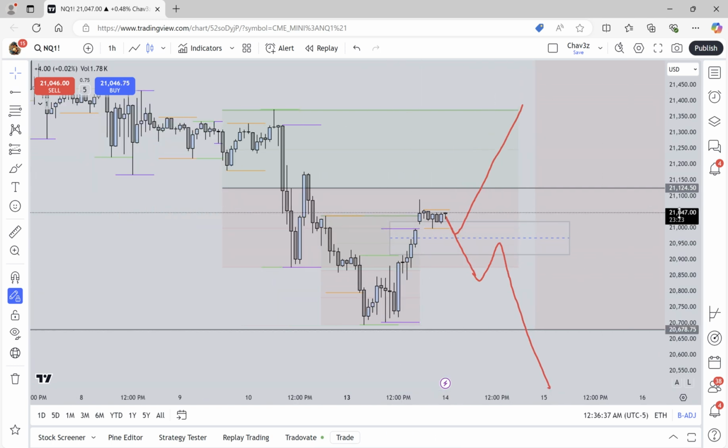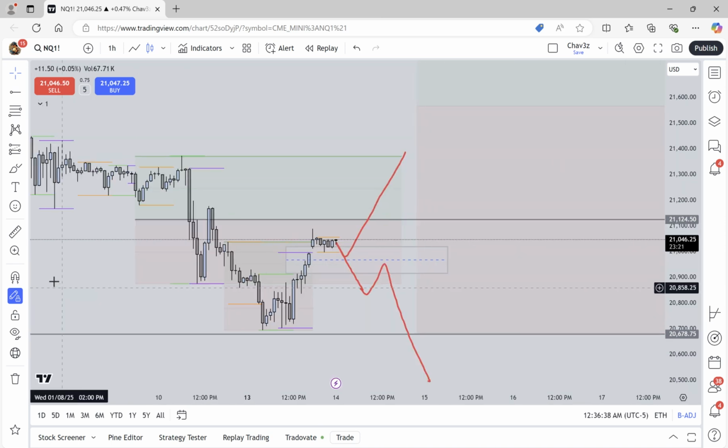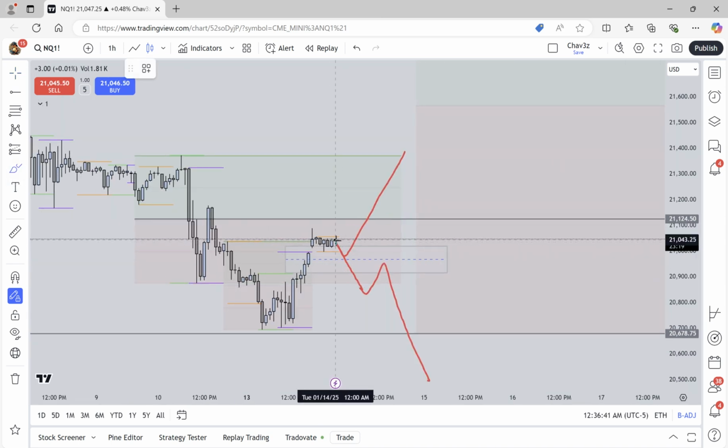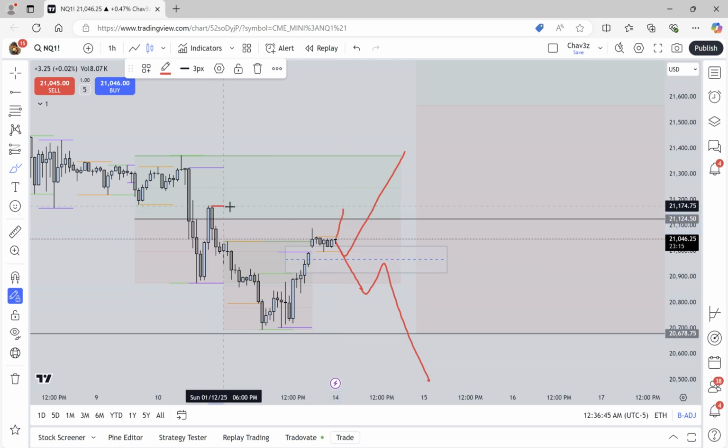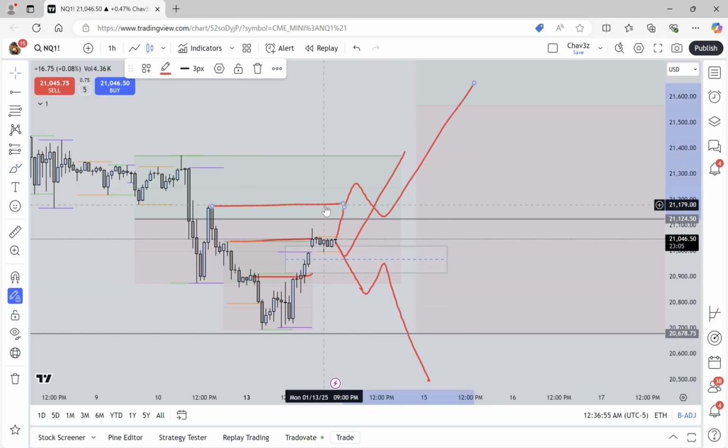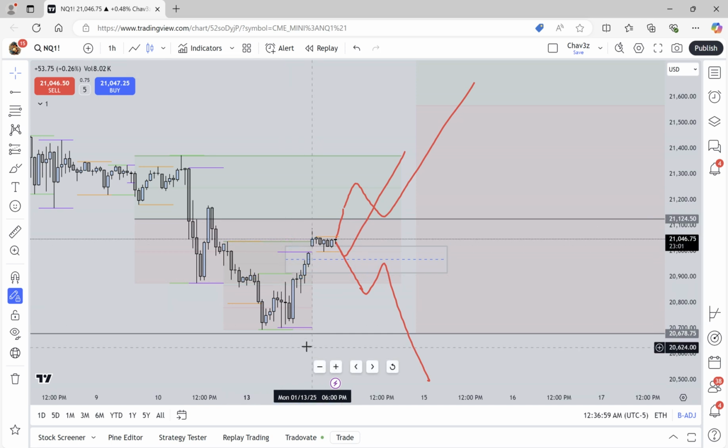Our next narrative is going to be the bullish turn, right? We're going to keep trading higher during Asia, during London, create a final break of structure or final market structure shift up here, and come down, tap, and go higher. So we have our three narratives going into tomorrow.